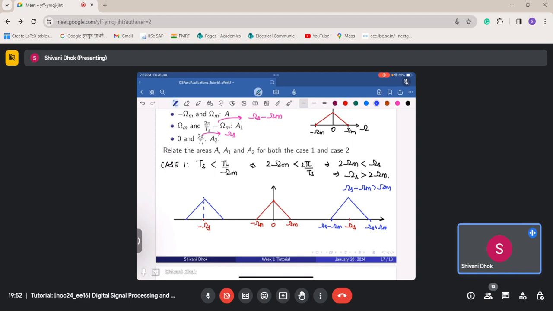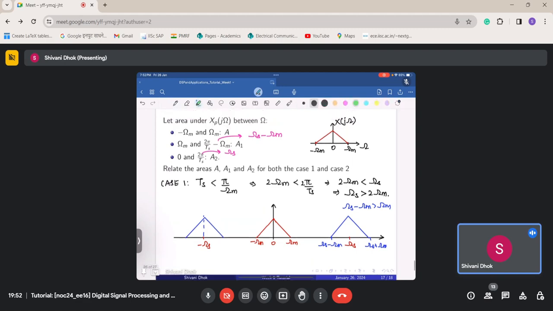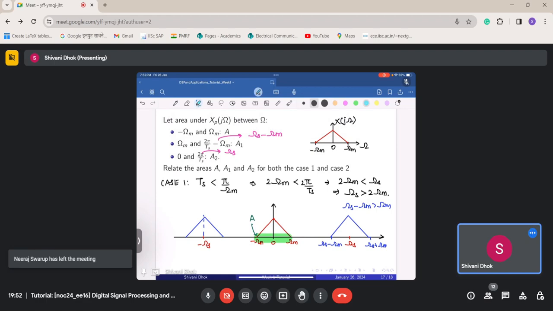Now what areas are given to us? The area from minus omega m to omega m, this area is A. Then the area from omega m to omega s minus omega m, this area is A1, and this area from 0 to omega s is A2.